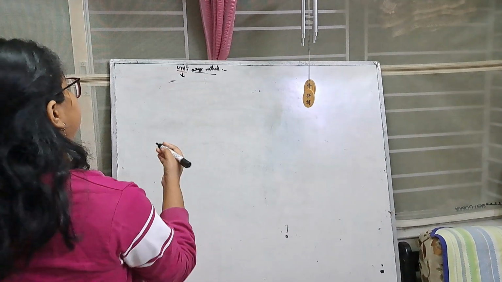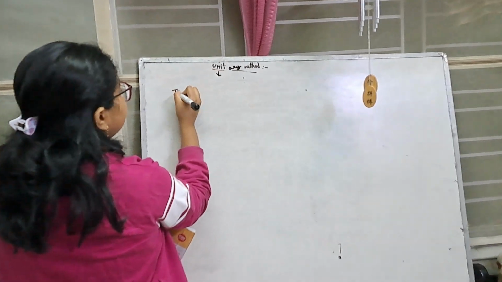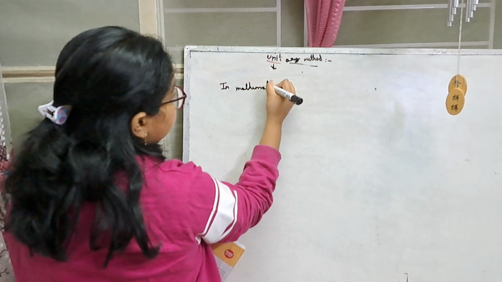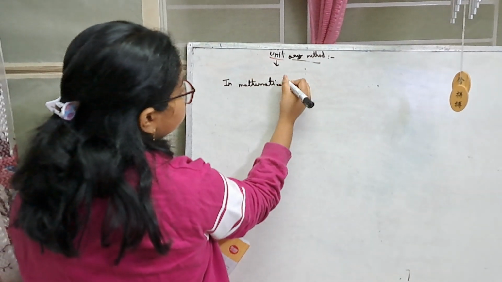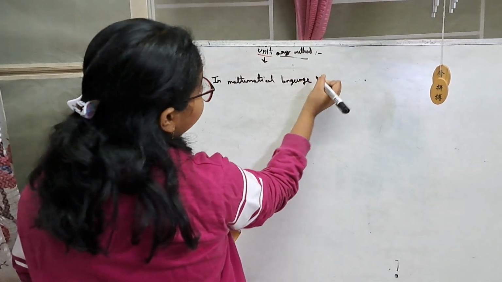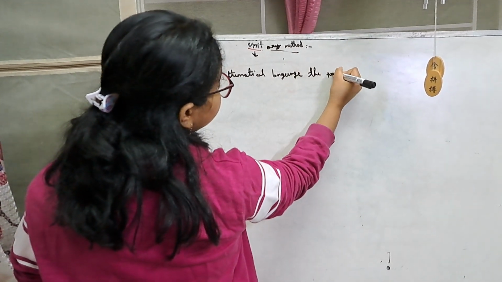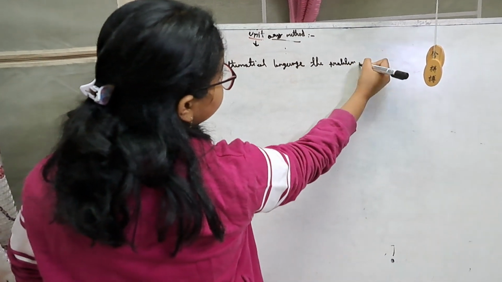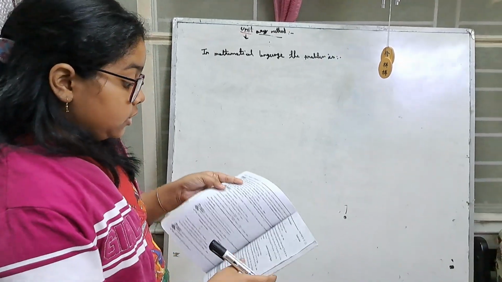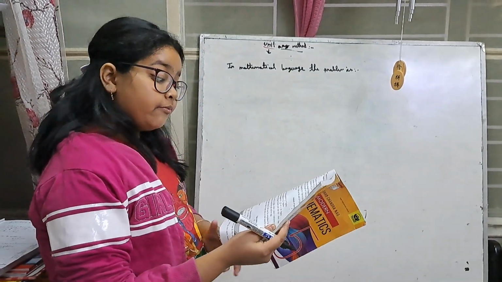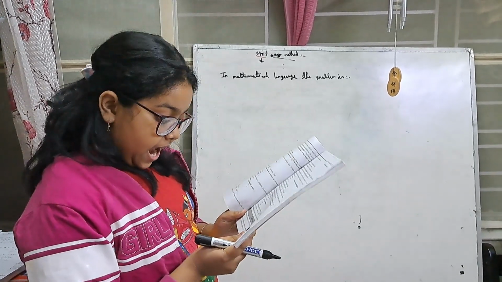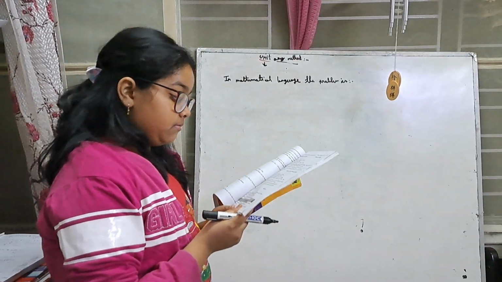So first we have to write the problem in mathematical language. We have to first say what we want. 5 men can do a piece of work in 21 days, and in how many days will 7 men do the work?